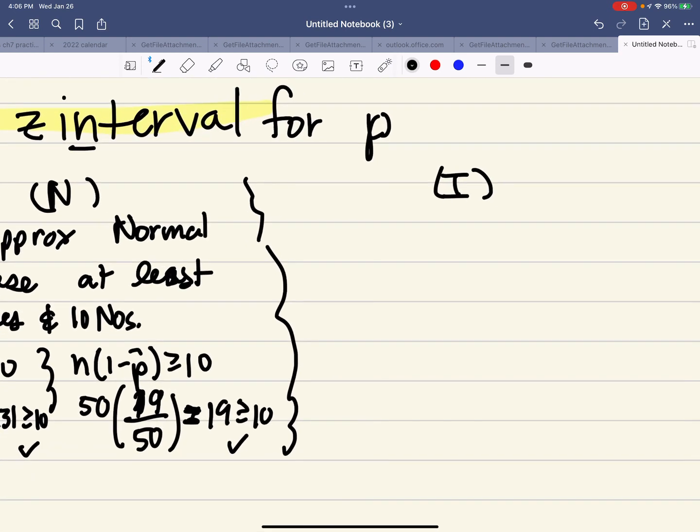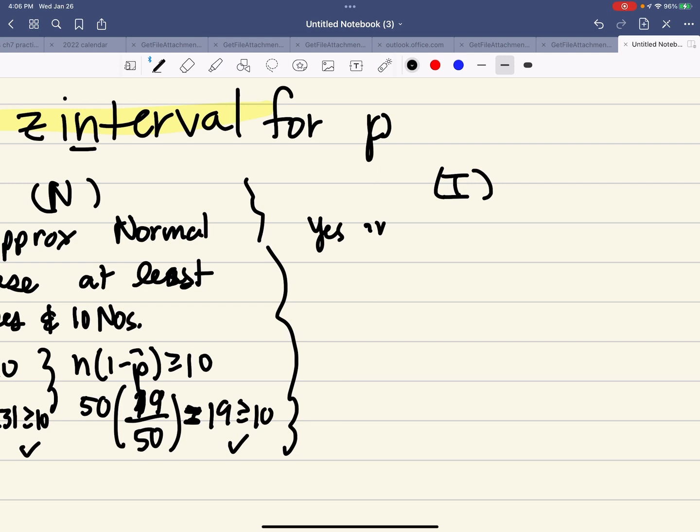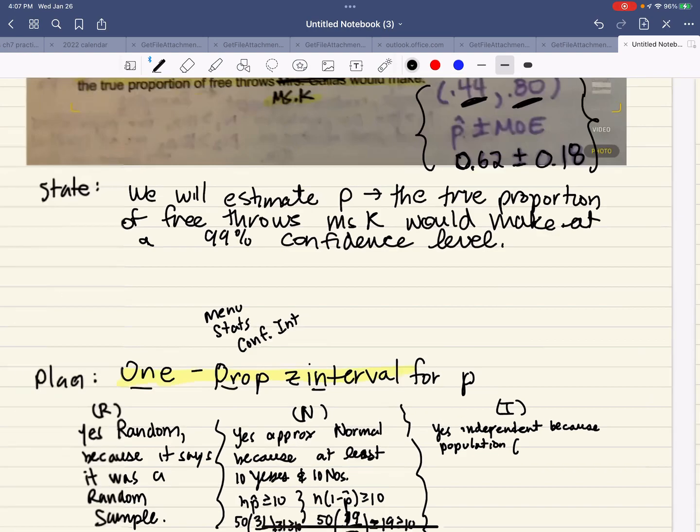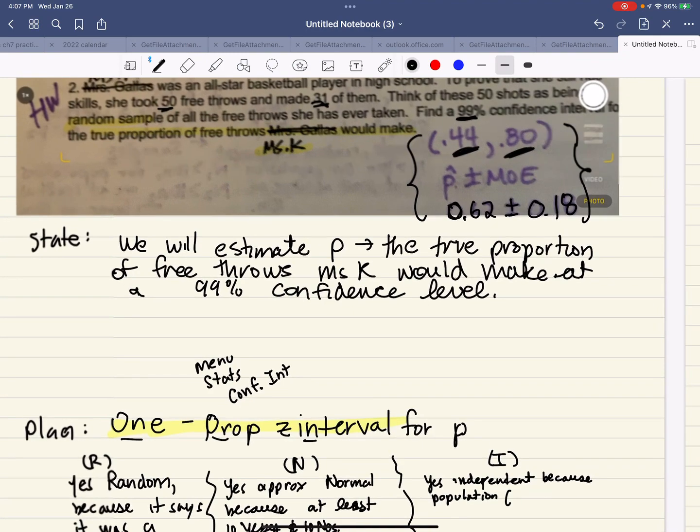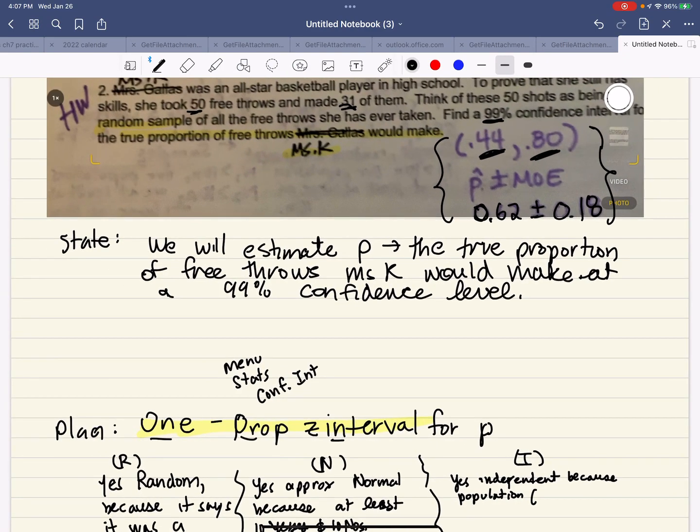So do we have independence? Yes, we have independence, because it's reasonable to assume the population, and let me look at the context, the total shots of all the free throws she's ever taken, that's the population.